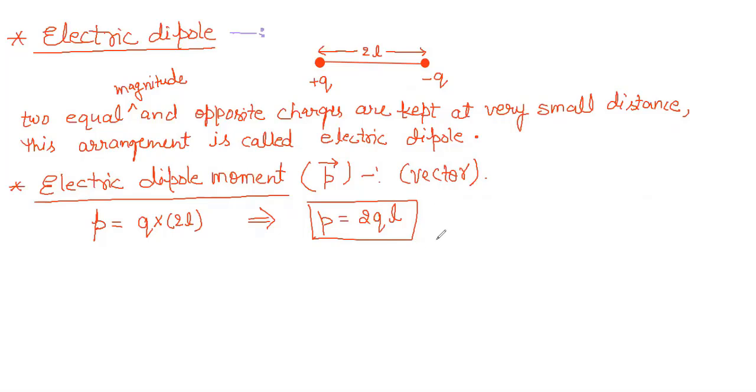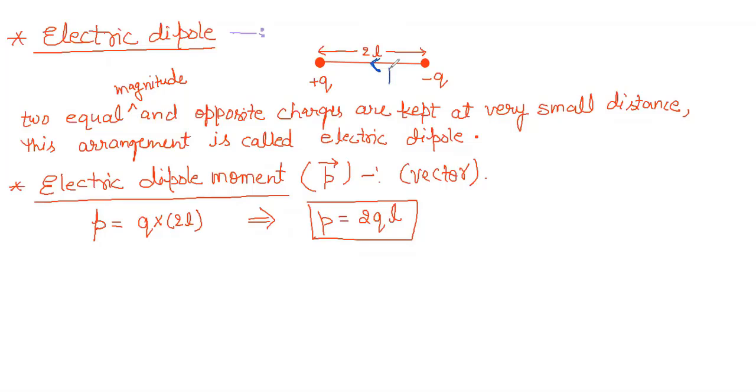If it is a vector quantity, then it should have a direction. The direction of the electric dipole moment is along the line joining the two charges, pointing from negative charge to positive charge.